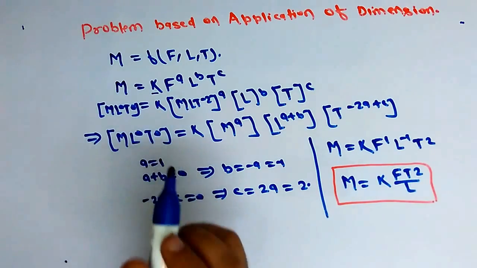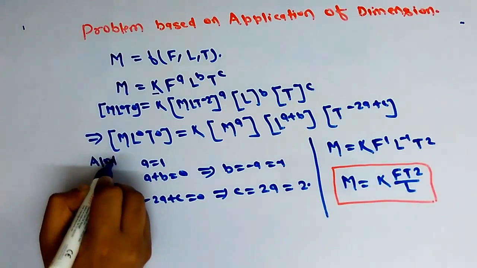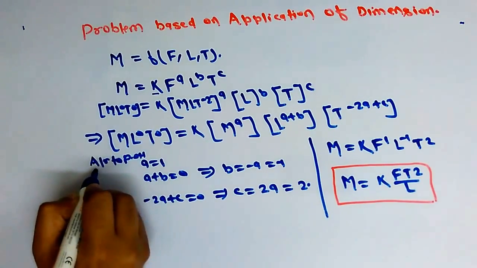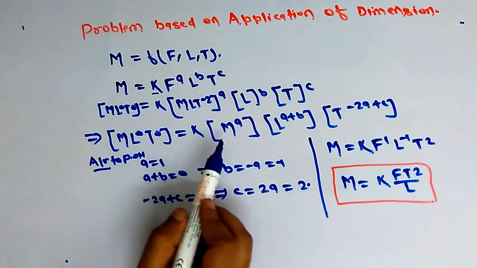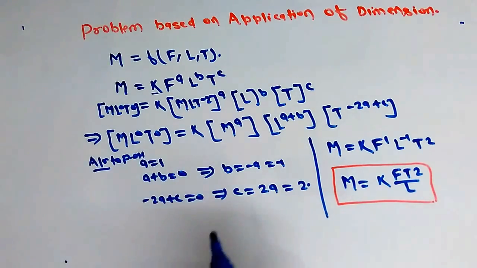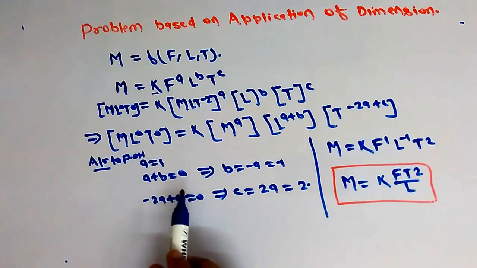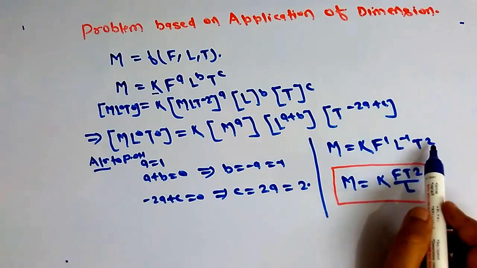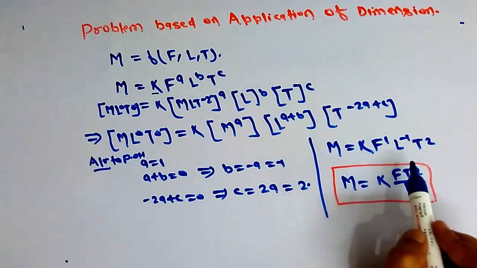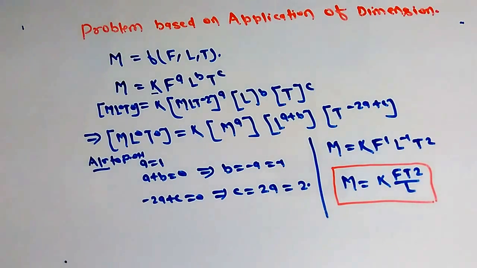According to the principle of homogeneity, by equating we got a equals 1, a plus b is 0, and minus 2a plus c is 0. So we got the values of a, b and c as 1, minus 1 and 2, and after the dimensional analysis, we got m equals k f t squared upon l. So this was problem one. Second problem we will see.